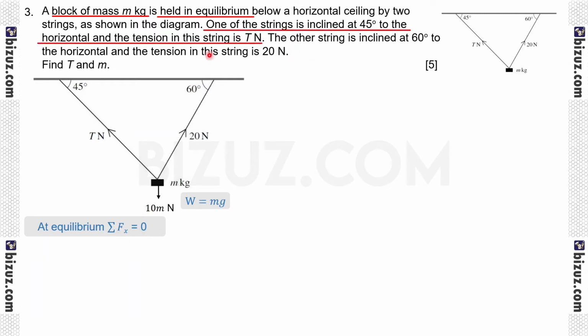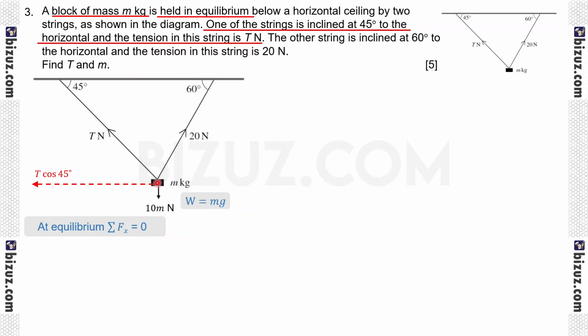Now one of the strings is inclined at 45 degrees to the horizontal. So this string is inclined at 45 degrees to the horizontal, and the tension in this string is given as T newtons. So this tension force can be broken down into its vertical and horizontal components.